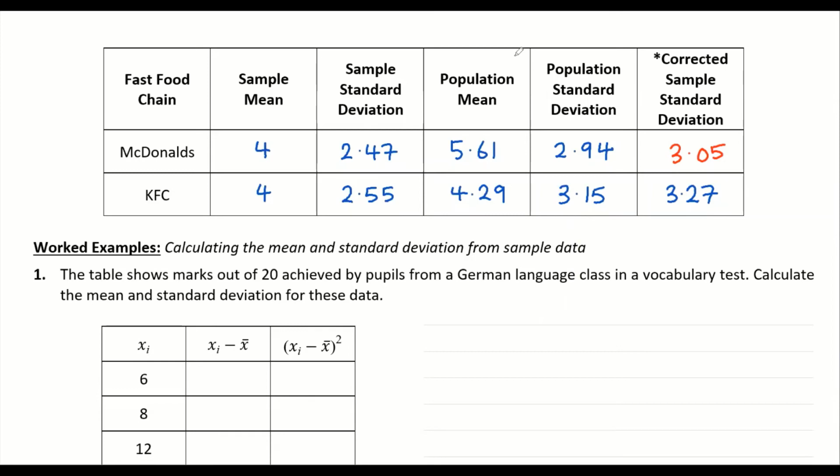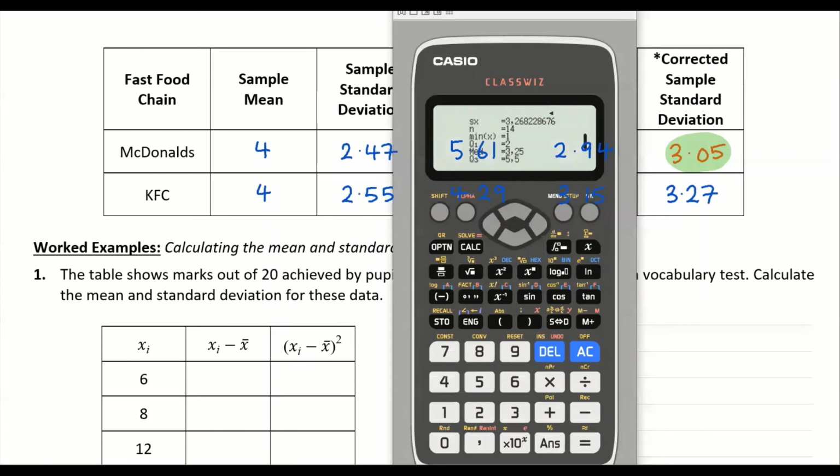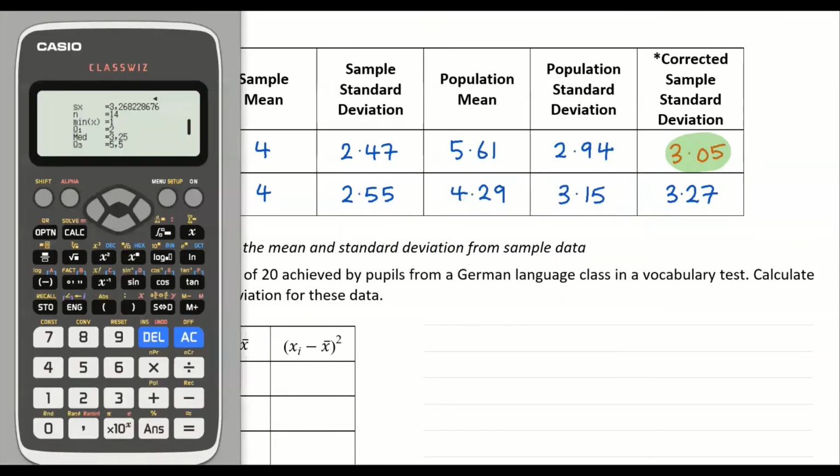So the 3.05, I would just ask you to verify that. If you put in the McDonald's data again on your calculator, just check that you agree with the 3.05. The 3.27, we came up with that earlier, which I showed you in the previous section, so I've just regurgitated that.